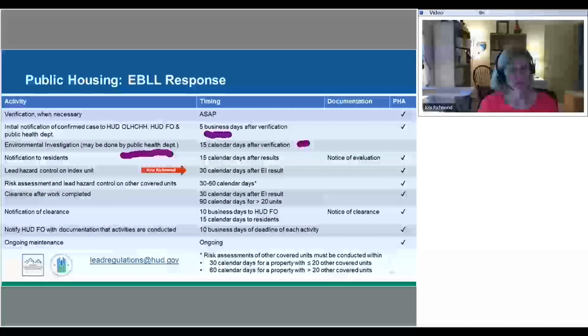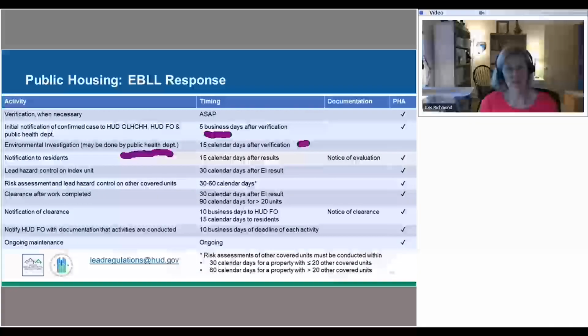Then we need to do a risk assessment and lead hazard control on all of the other coverage units. So if there are other households with children under 6 living in our units, we need to do a risk assessment. If we identify that there's lead in those units, then lead hazard control needs to happen. We also need to do a notice of evaluation to all of those units where we did the risk assessment.